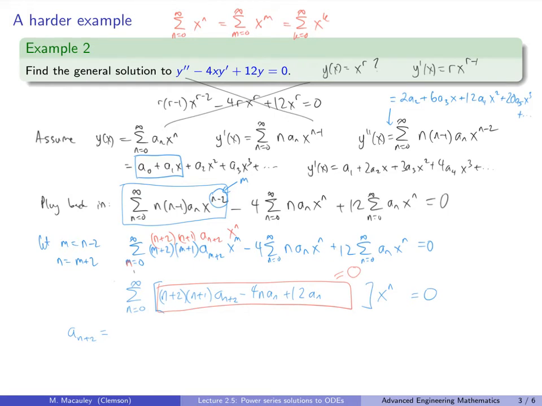So a_(n+2) equals (4n minus 12) over (n+2)(n+1) times a_n. So this is called a recurrence relation. It doesn't tell us what the coefficients are, but it says if we know what the nth one is, here's a formula for the (n+2)th coefficient, and so on.